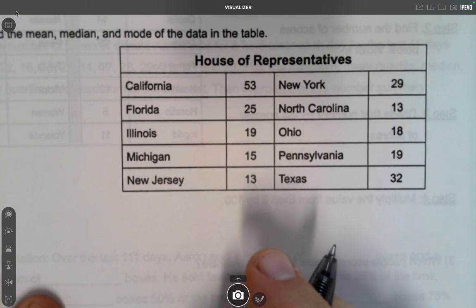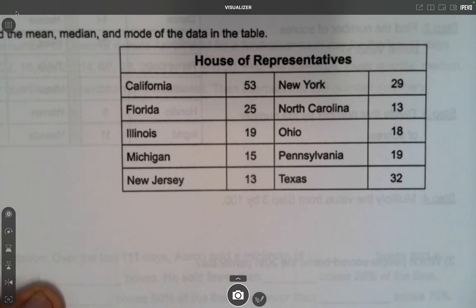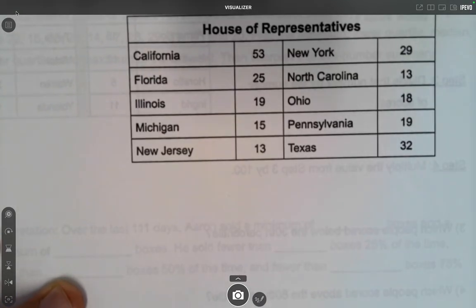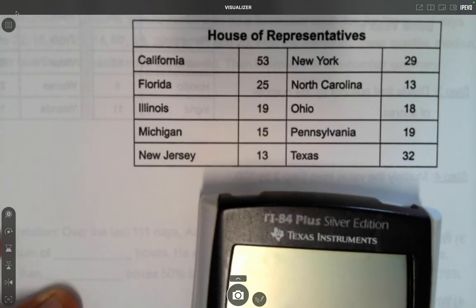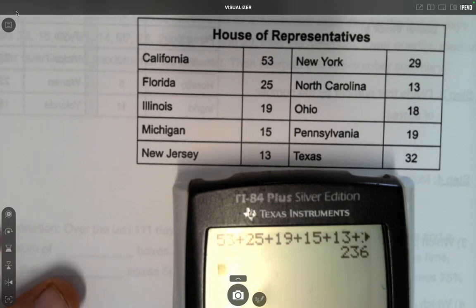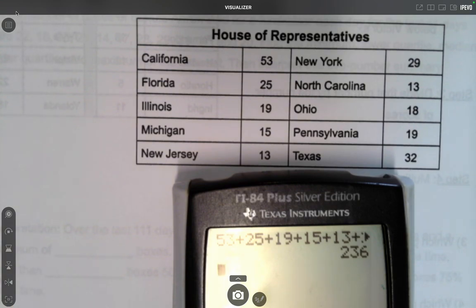So for the mean, we need to add all of these numbers together. This isn't difficult, but it does take some being careful that you do it correctly. So I just need to add up all 10 of these numbers. And in your calculator, I know you can't see the whole thing very easily.